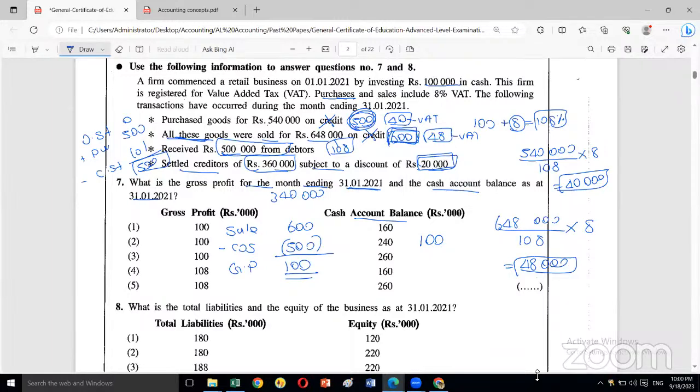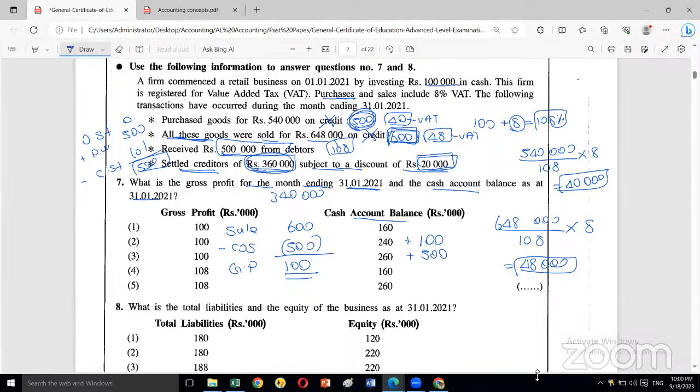And third, received 500,000 from debtors. When I am receiving, it is our cash inflow. Cash inflow means my cash balance is going to increase by 500,000. And after that, settle the creditors of 360,000 subject to a discount of 20,000. Now think, totally I am liable to pay 360,000.